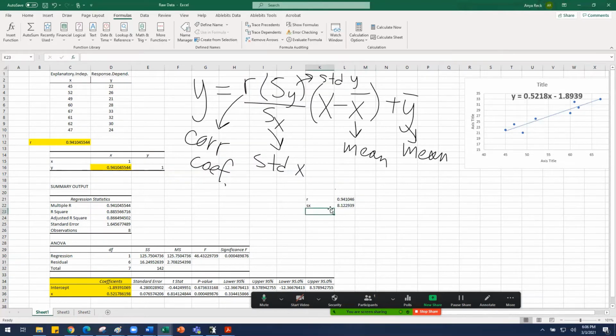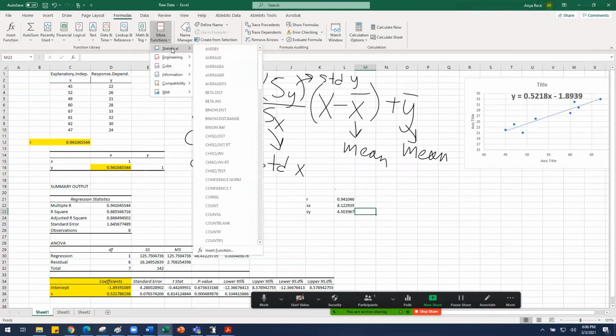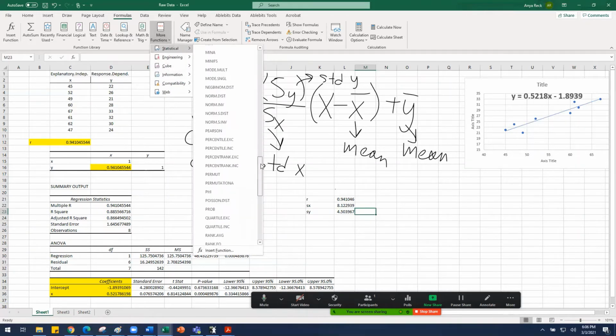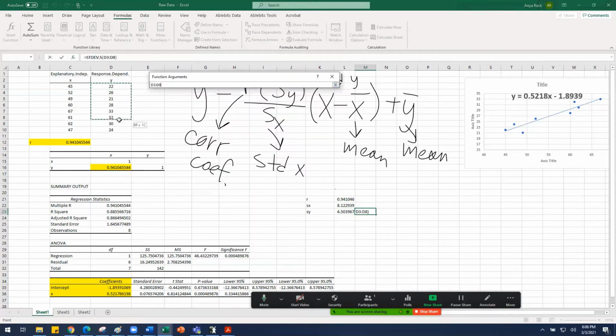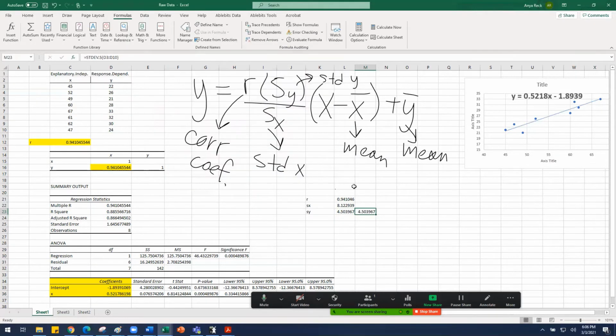We need the standard deviation of the Y column. So standard deviation of a sample. Or you can use a longer approach: Formulas, More Functions, Statistical, go down to standard deviation of a sample, highlight the Y column, press OK. Now we need to find the mean of the X column and the mean of the Y column.